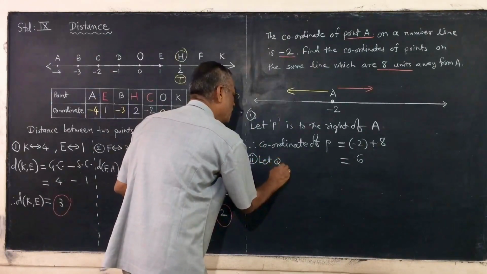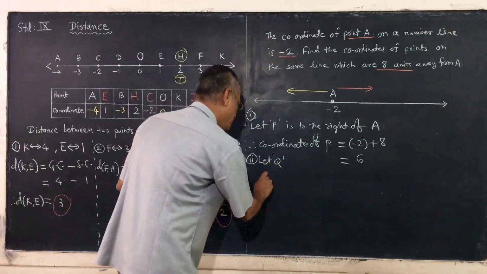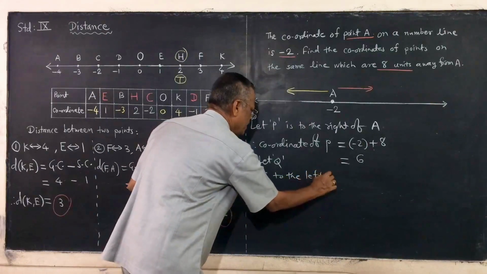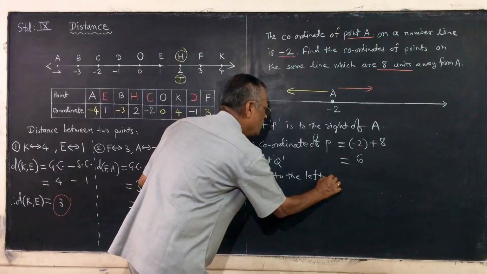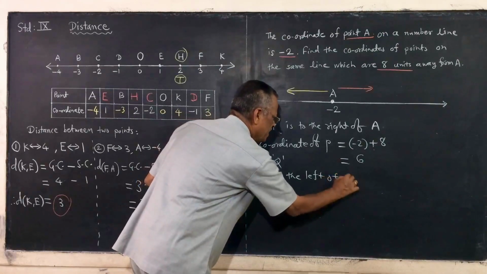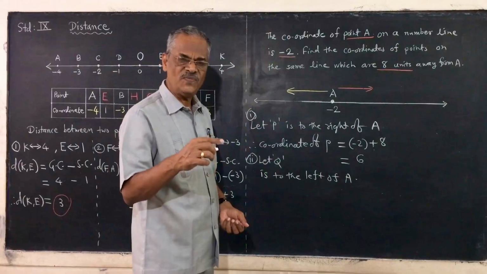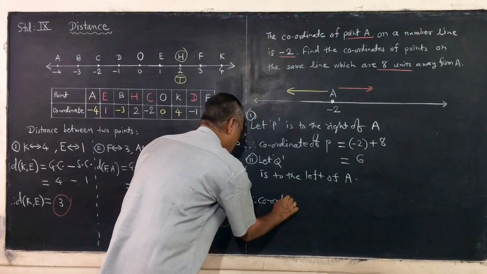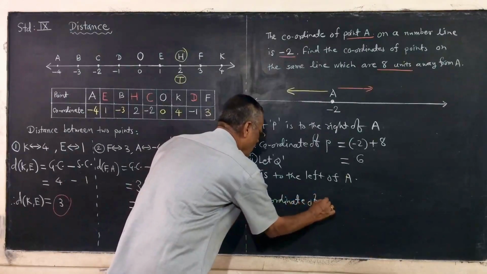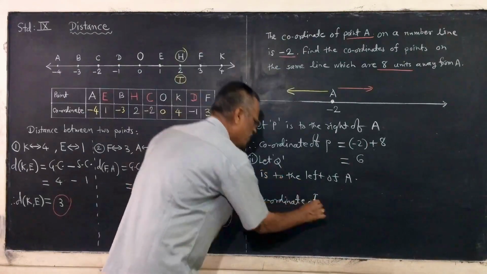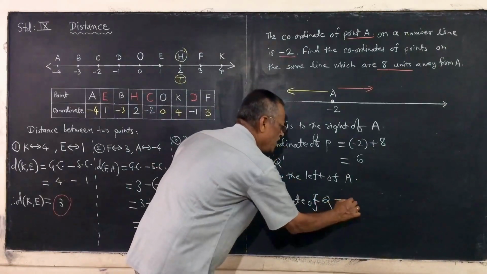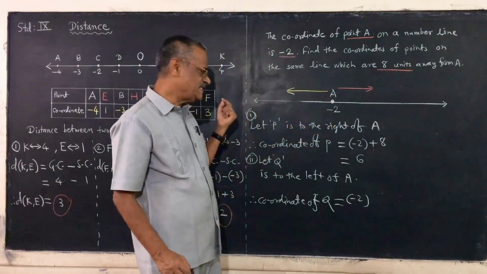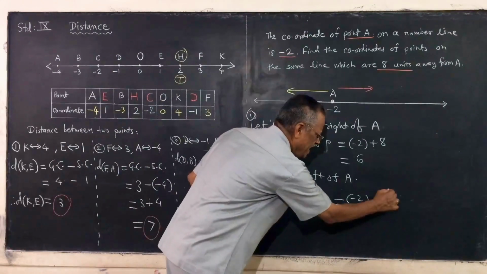Let Q be the point to the left of A. If it is to the left of the point A, then the coordinate of Q will be, as we are going away from minus 2 to the left hand side, you subtract 8 there.